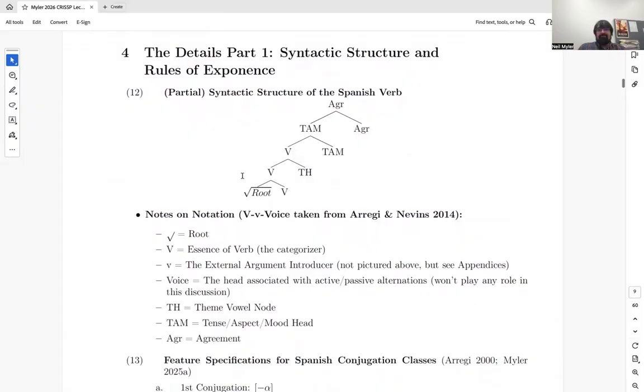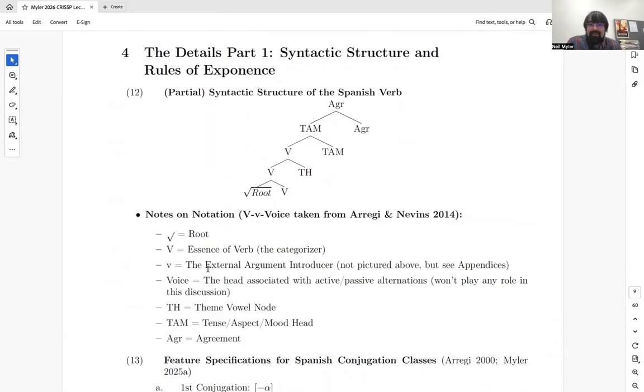Some notes on notation. So the square root symbol means a root that has no inherent category, although it does have other morphosyntactic properties. It's just that verbiness or nouniness isn't one of them. I'm going to use big V to denote essence of verb, so the categorizer, and little v, not pictured here, but see the appendices, for the external argument introducer.